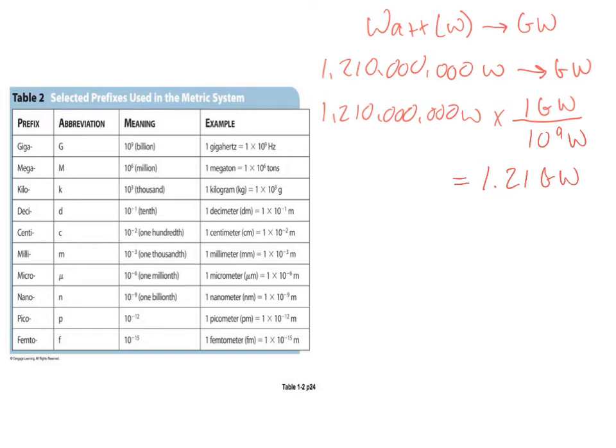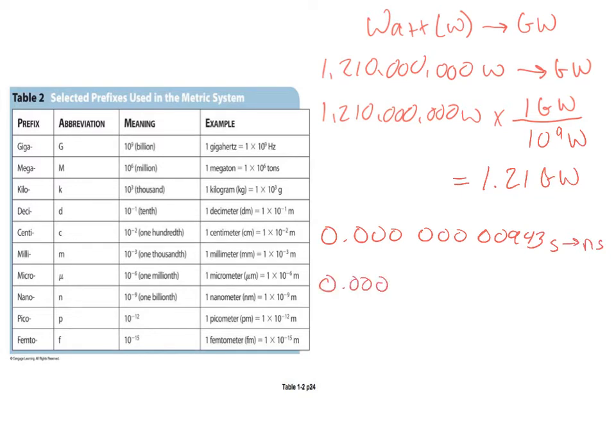To look at another example, quite often if we're talking about the time of chemical reactions, we're dealing with very small fractions of a second. So maybe we have a reaction that occurs in 0.00000000943 seconds, but we want to think about that in terms of nanoseconds.